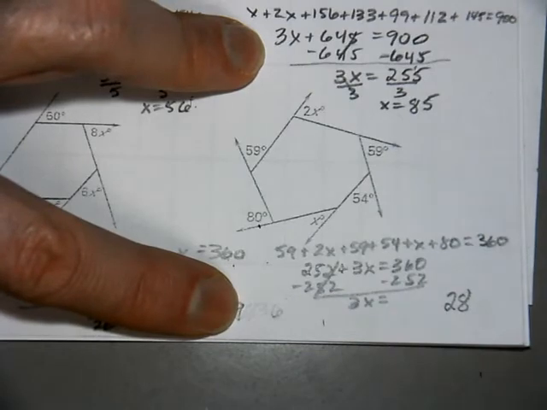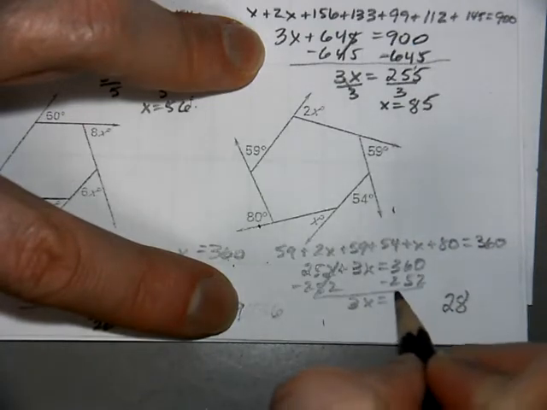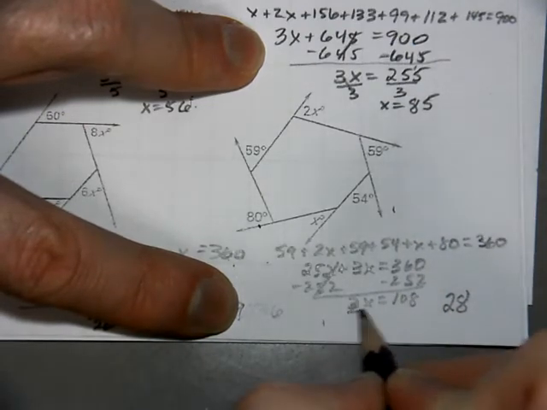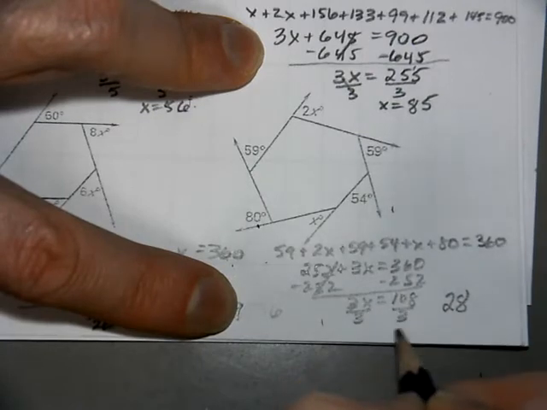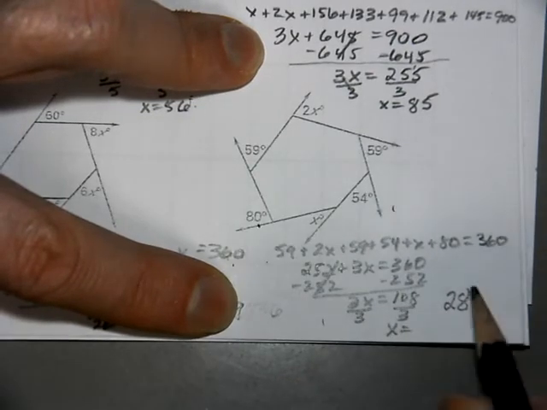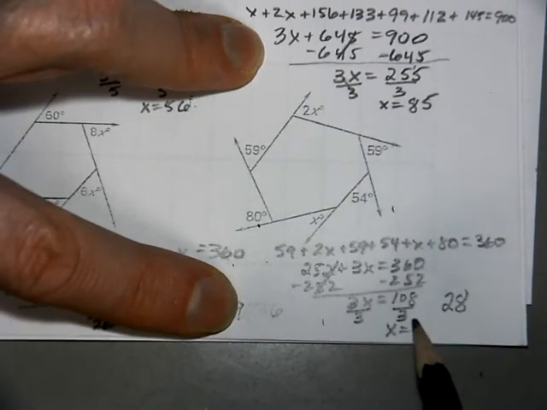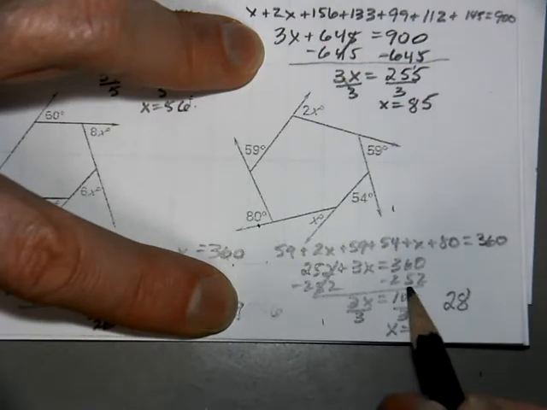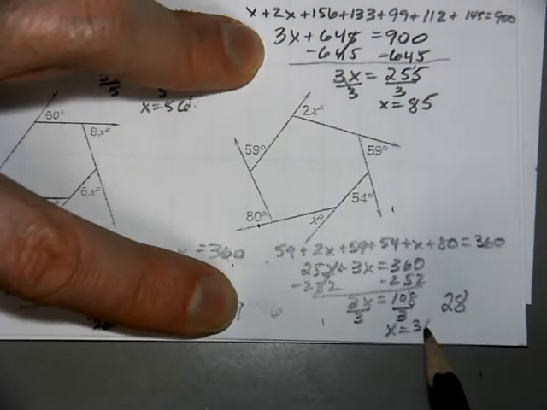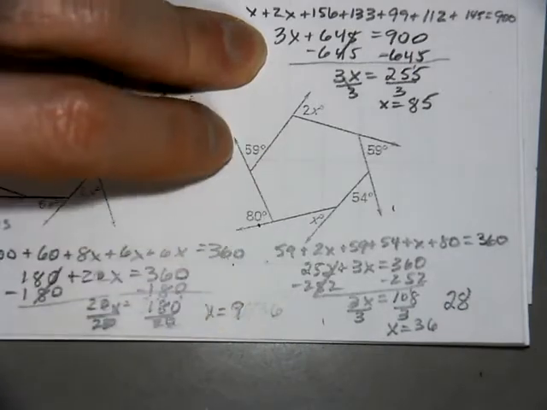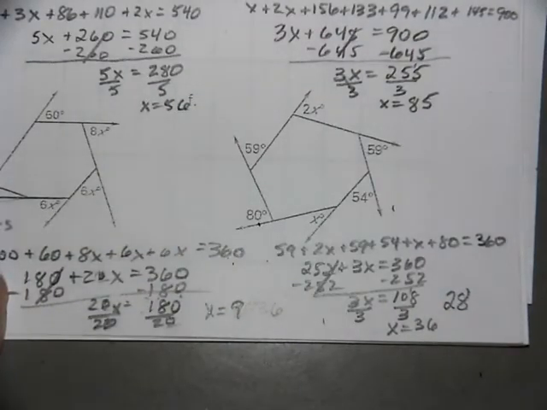So we have our 360 minus the 252. Gives us 108. And 3 goes into 10 3 times, with 1 left over. 3 goes in there 6 times. So x would have to be 36.